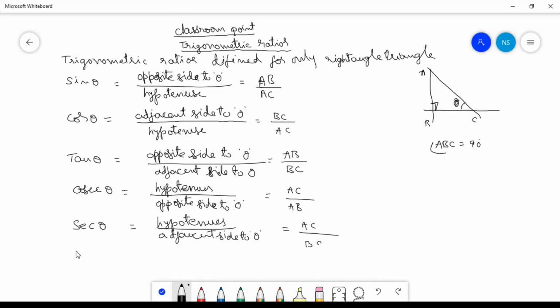And cot theta is equal to adjacent side to theta by opposite side to theta, that is equal to BC by AB.